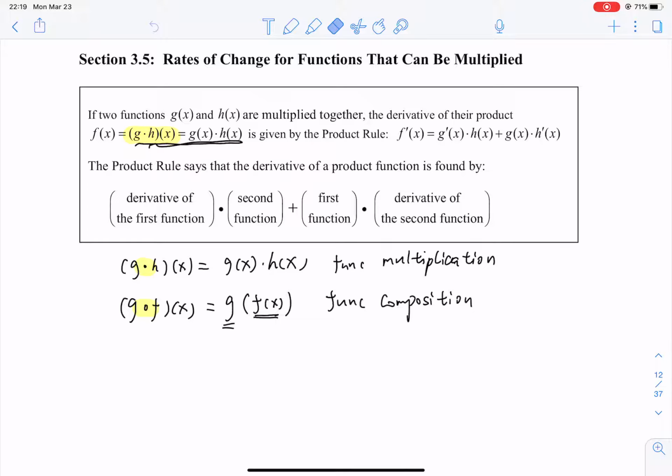Then what about function multiplication? The two functions are g of x and h of x. Both of them have the input variable x, so the two functions have the same input variable. That's another difference between function multiplication and function composition.